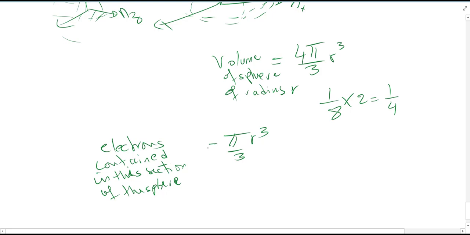So this is the actual number of electrons, the total number of electron states, that I can have of a given energy.